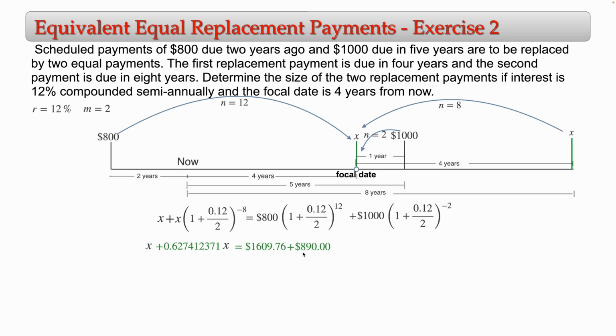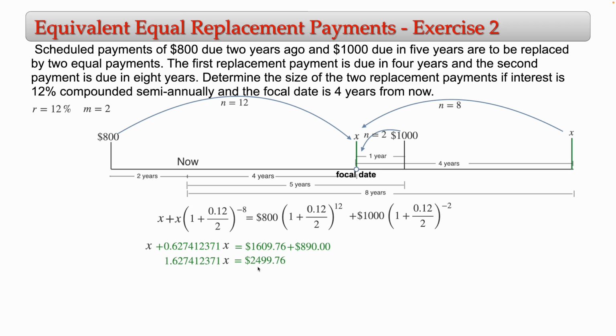So add together these two numbers, add together this 1 plus this 0.62 to obtain 1.627412371x. Adding these two numbers, I get 2,499.76. And then to get this x, the only thing that I need to do is divide by this number.